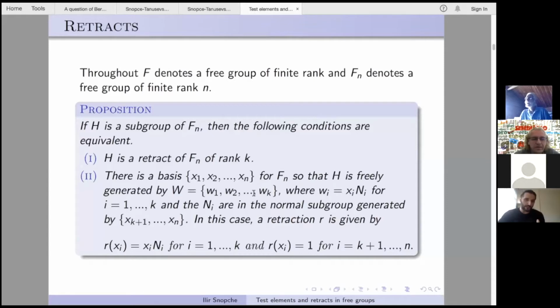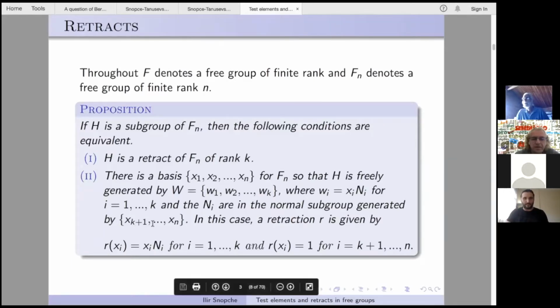So if you look at here, of course, we can order these generators as we want. So in order to obtain a retract, we choose x_1, x_2 up to x_k generators, right? And we take these w_i's, which are these x_i's times n_i. But those n_i's now belong to the normal subgroup generated by the remaining generators. Which means x_{k+1} up to x_n?